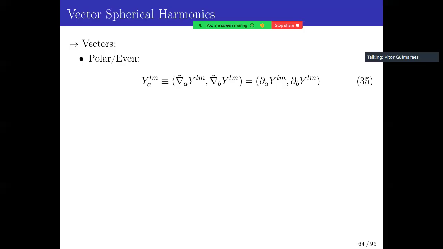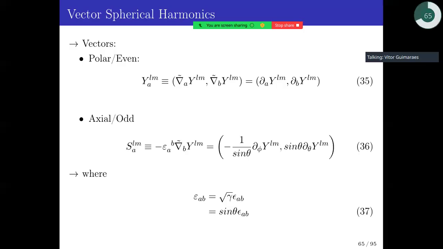Okay. And now we have the axial/odd vectors. I'm going to be calling them even and odd, but remember that they can also be axial and polar. But the even vectors are defined as this, okay?